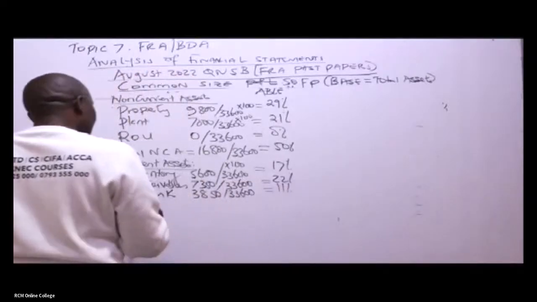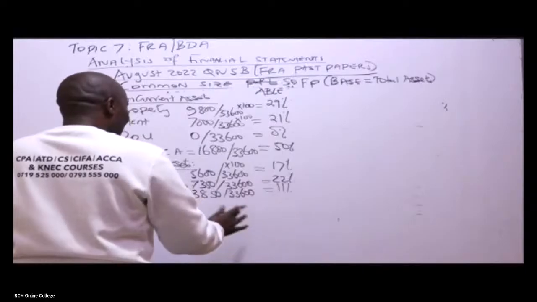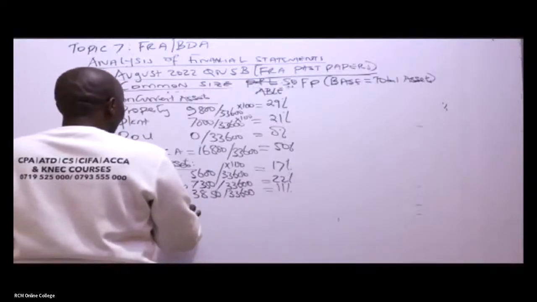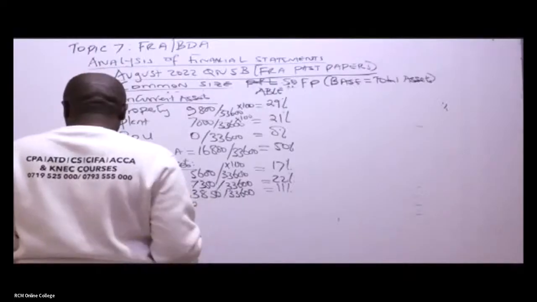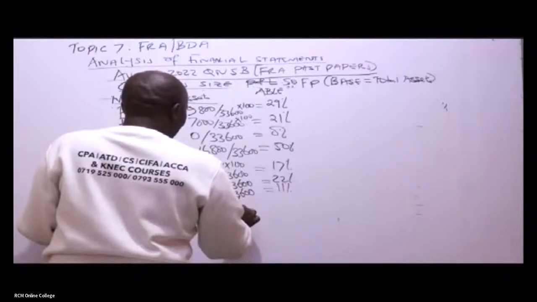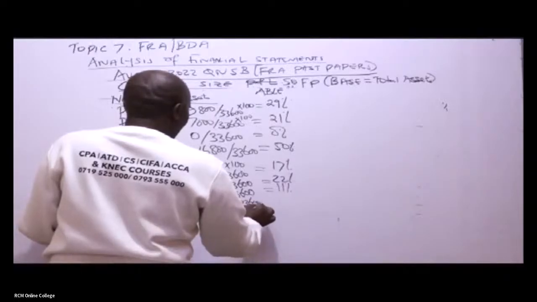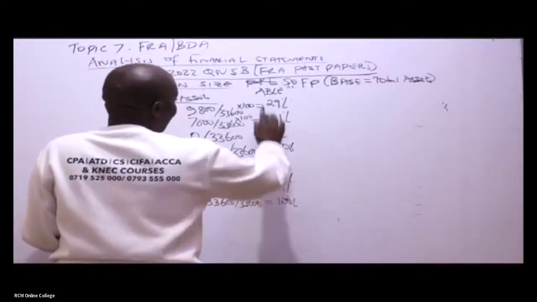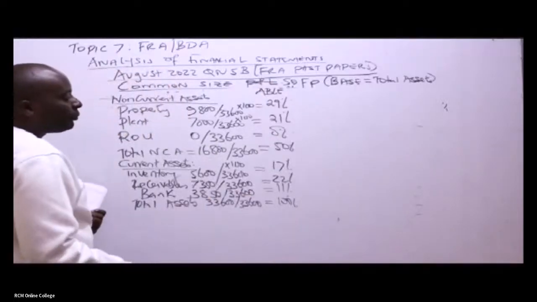11%. And then they have given me total assets. I don't have to do total current assets. You do for everything given. Total assets, I can see 33,600. So I divide this by 33,600. Then I'll be able to get 100%, which basically will be a sum of everything there.